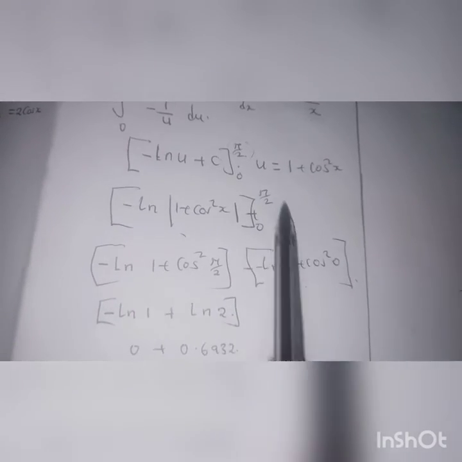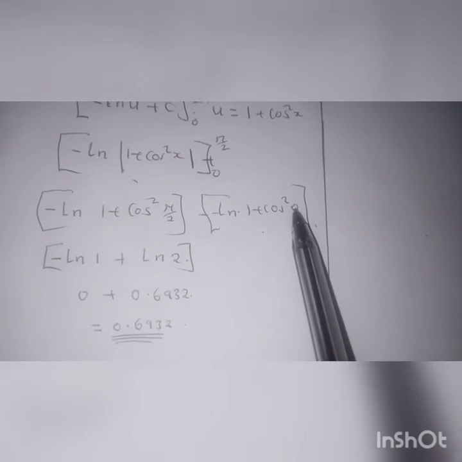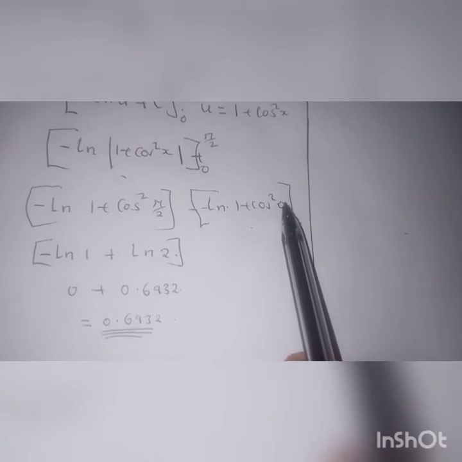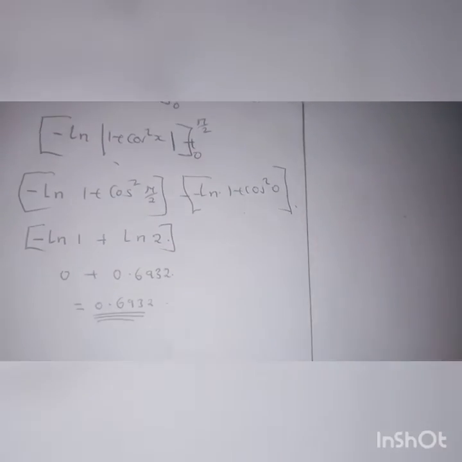So we were here, the natural log of 1 plus cos squared of x from 0 to pi over 2. So we had to substitute where we have x with pi over 2, and we minus when we substitute where we have x with 0, the lower limit.